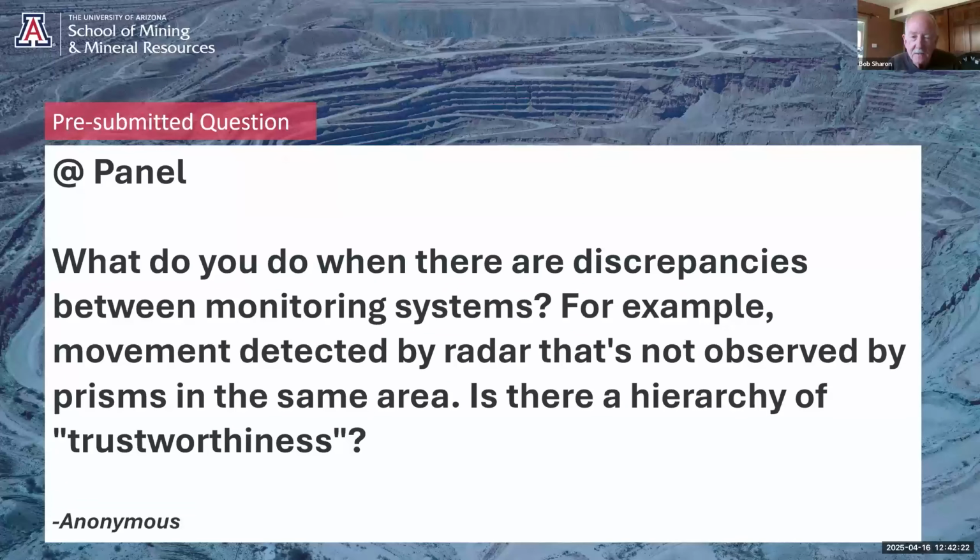And when you bring in other types of data that help you understand why we're seeing accelerated slope movement, it helps us interpret why something is happening, what the cause and trigger are, and it helps us make a decision on what to do with the information.